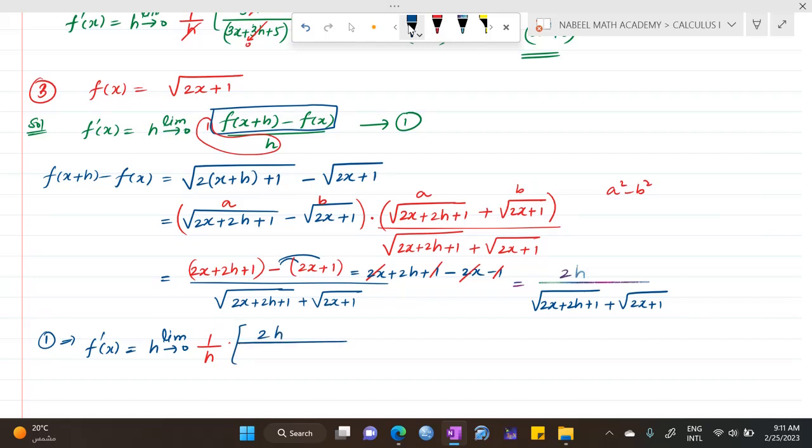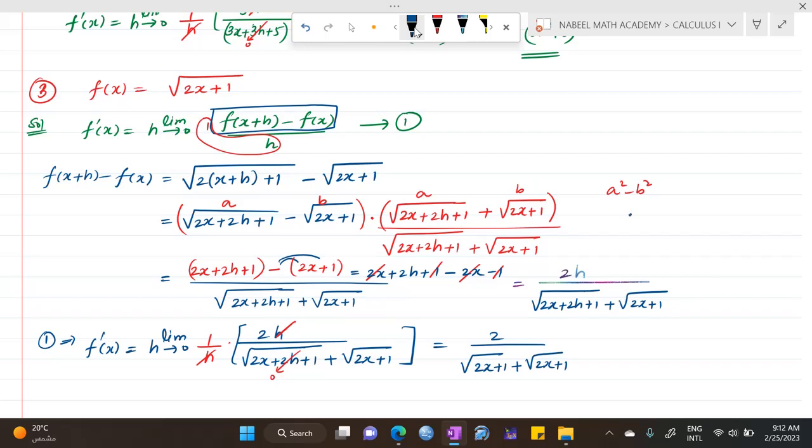That is 2h over square root of 2x plus 2h plus 1 plus square root of 2x plus 1. Now when you substitute, what happened? This h with the h cancels. When you apply the limit, h becomes 0. So therefore, the remaining part is 2 over square root of 2x plus 1 plus square root of 2x plus 1.